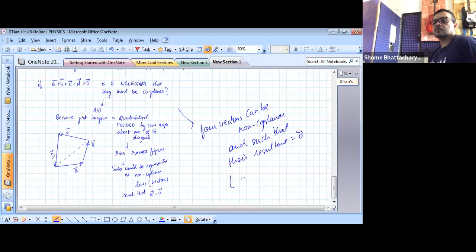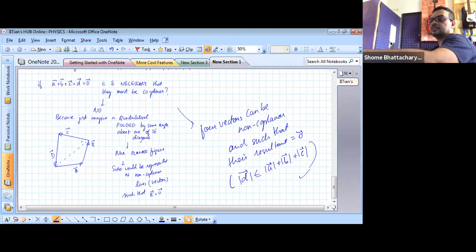But still, the vector D must have a magnitude which is less than or equal to the magnitude of A plus B plus C. This condition still holds, because it's still the same figure of the quadrilateral, so the relationship between the magnitudes of the sides still holds. Just because you folded it about one of the diagonals, it doesn't change the relationship between the magnitudes of the sides. Okay, so hope you understood this question, people.